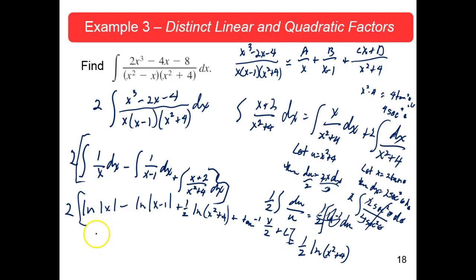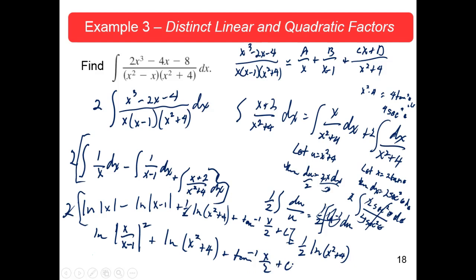Multiply by 2 and you get ln of absolute value x over x minus 1 squared. That will wipe this one out, plus ln of x squared plus 4, which we probably could combine, but I'm not going to right now, plus inverse tangent of x over 2 plus c.